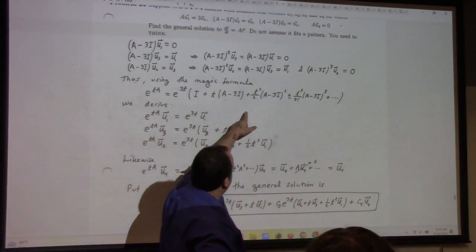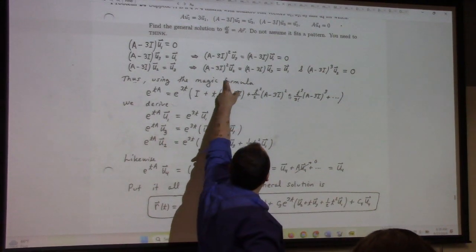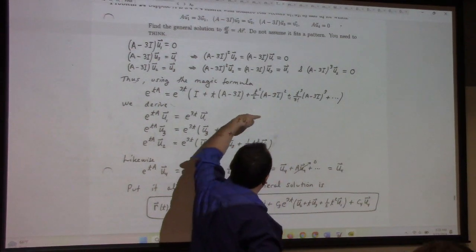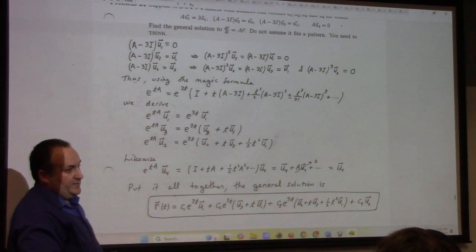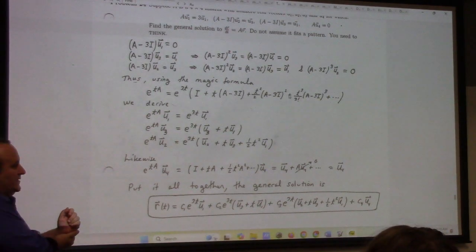And then I get this t squared over 2 times A minus 3I squared times u2, which works out to u1. But there's a 1/2 t squared from the formula, which is why I have 1/2 t squared u1. Now some of you are just writing t times the vector or something. I don't know where that's coming from, but you have to think through the magic formula in these kinds of problems.